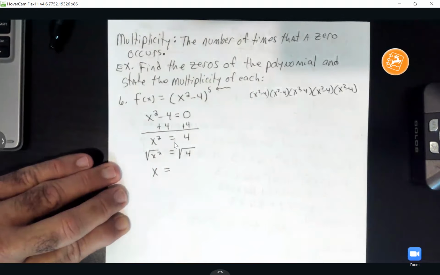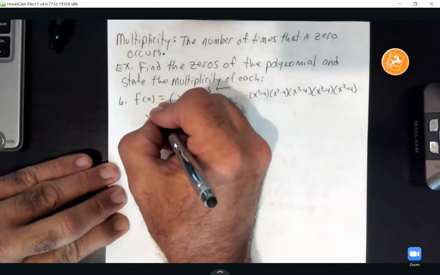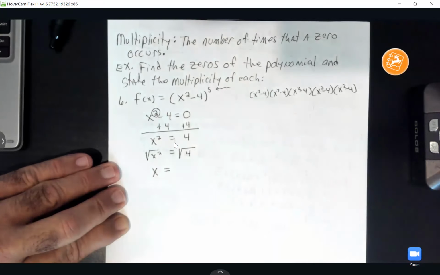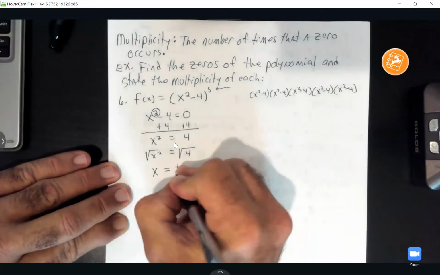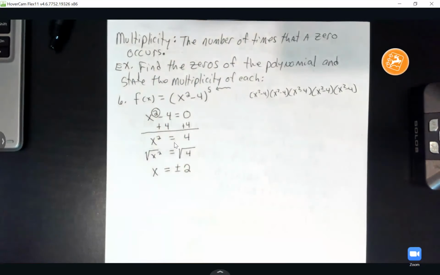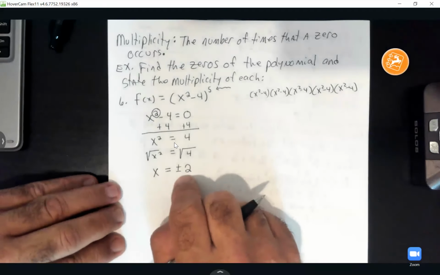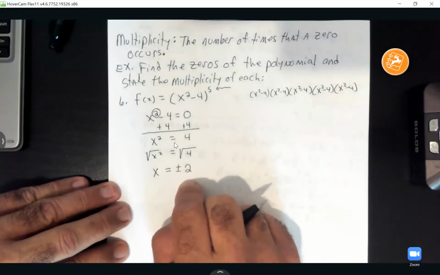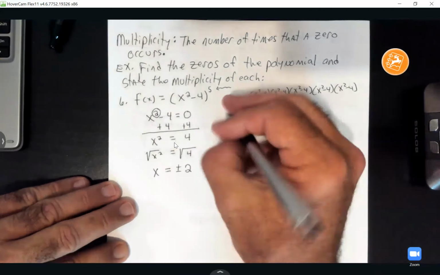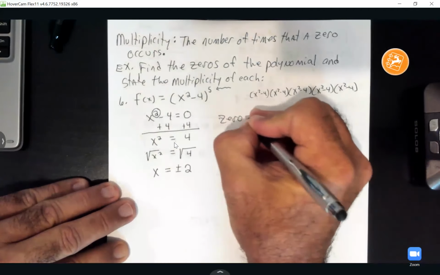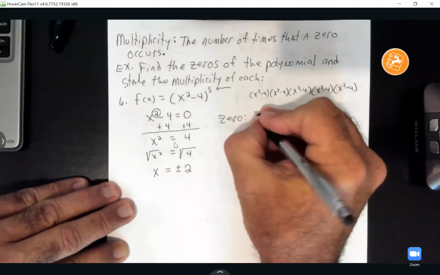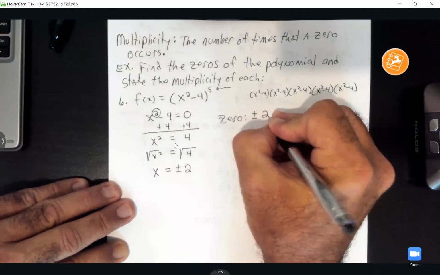Two. All right, but y'all remember I need 2 answers because I got an x squared here. Plus or minus 2. So you got to get into thinking now at this point. I definitely got to account for those negative 2's, okay? All right, so the zeros are going to be plus or minus 2.